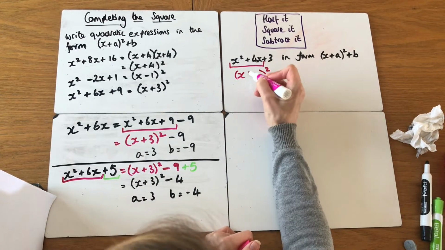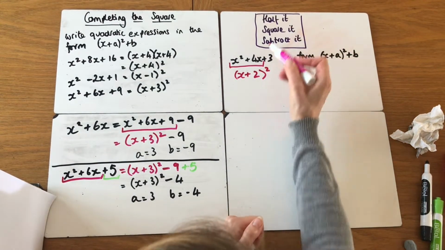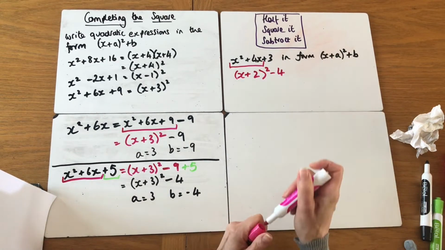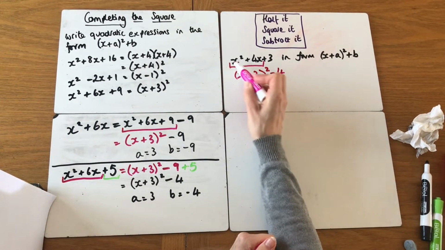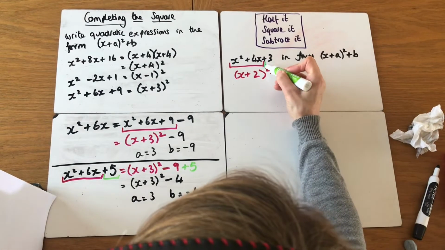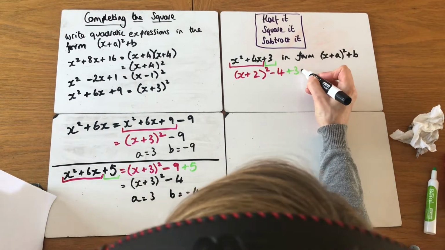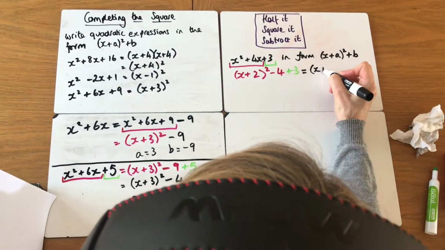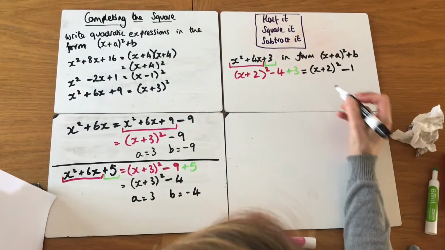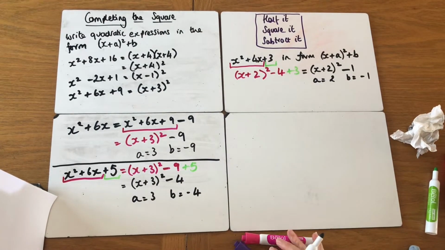So I halve plus 4, which gives me my plus 2. Now I'm doing square it. So I square the 2, which gives me 4, and then I subtract it. So what's in pink here is equivalent to the pink above, the x squared plus 4x. Then, because I've got plus 3 on the end, I pop the plus 3 on the end, and then I put that equal to the simplified version, x plus 2 all squared minus 4 plus 3, which is minus 1. So a equals 2 and b equals minus 1.